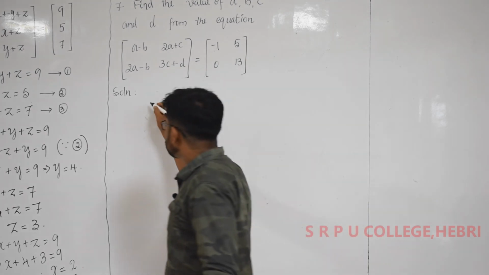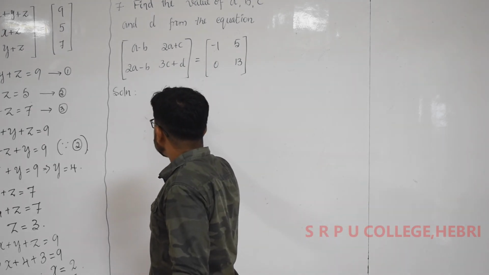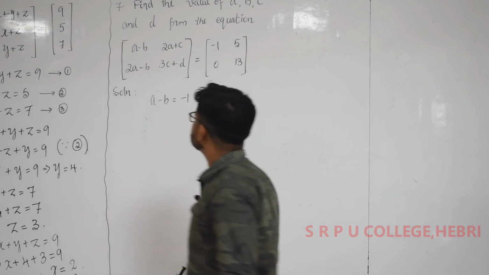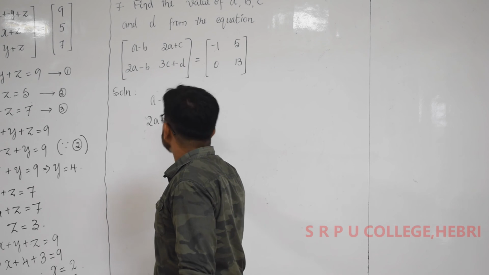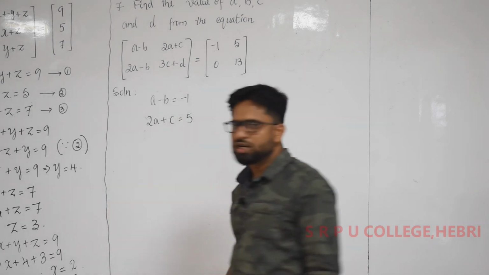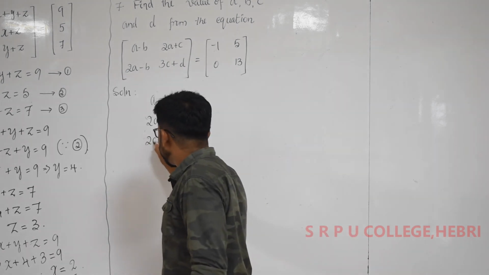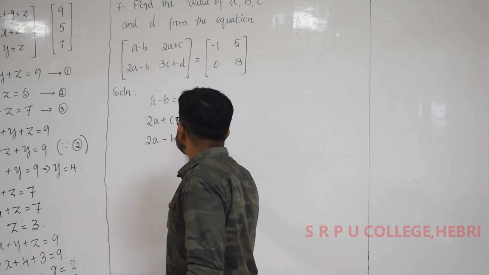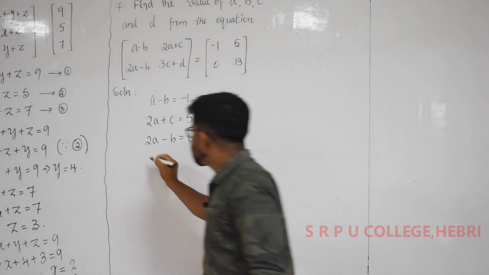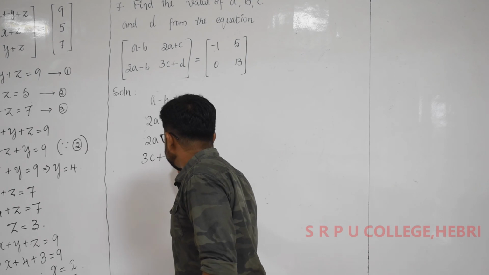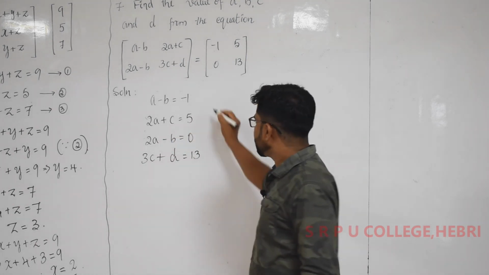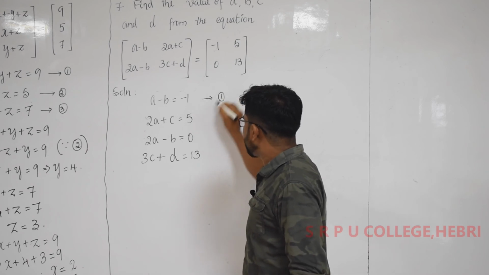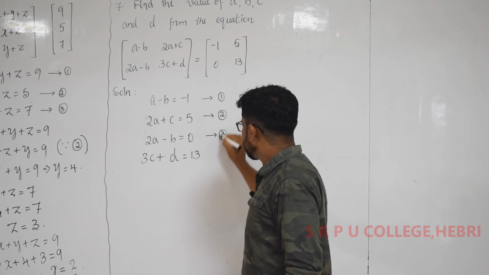Let me take the corresponding elements: a minus b is equal to minus 1, 2a plus c is equal to 5, 2a minus b is equal to 0, and 3c plus d is equal to 13. Let me take these as equation numbers 1, 2, 3 and 4.